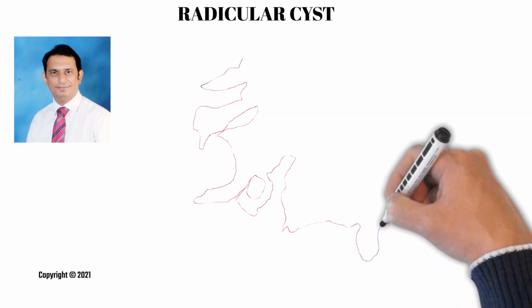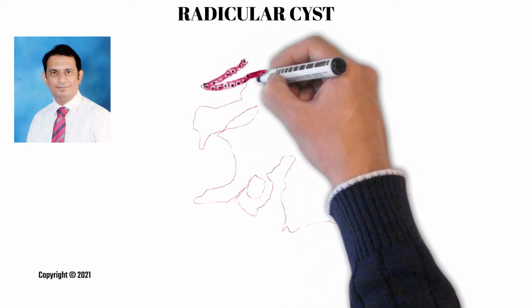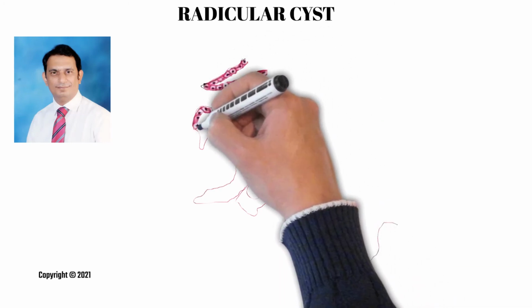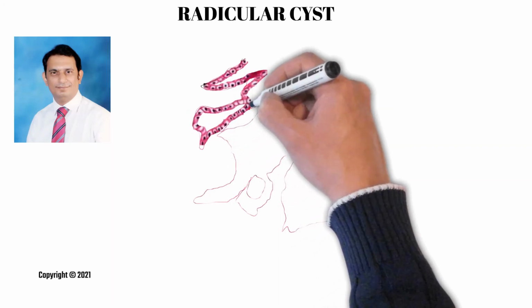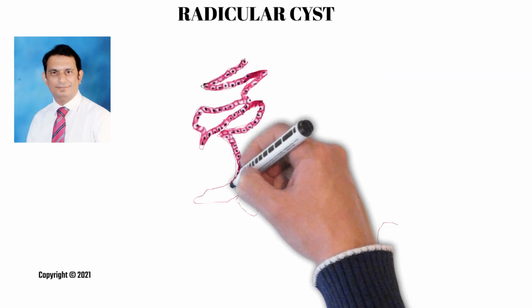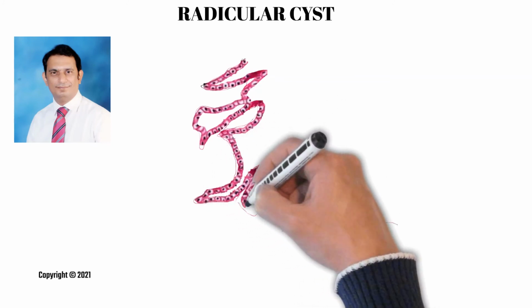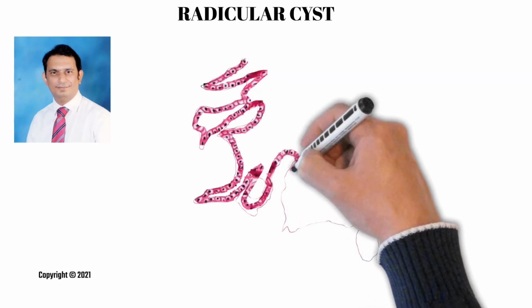Only maintain that the rete ridges are long and sharp. Next you draw the basal cell layer or the inner layer of the cyst, and this consists of a simple cell layer with nuclei.